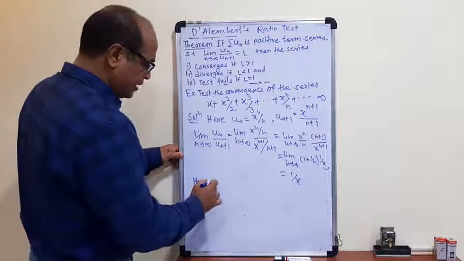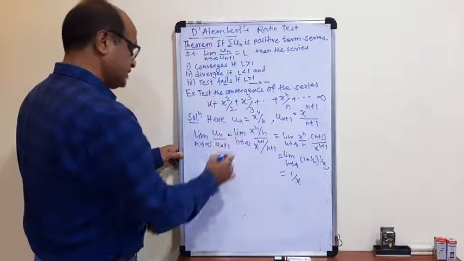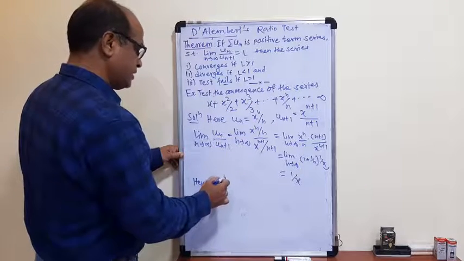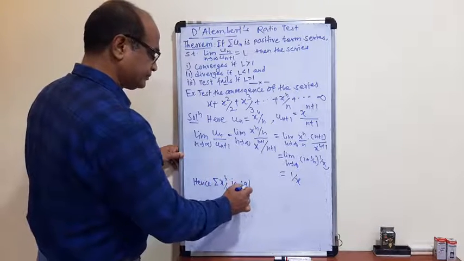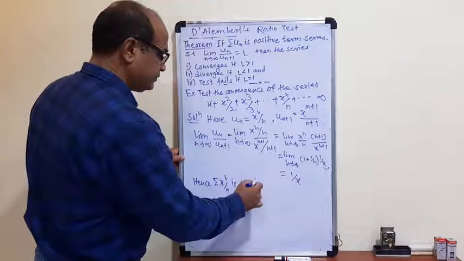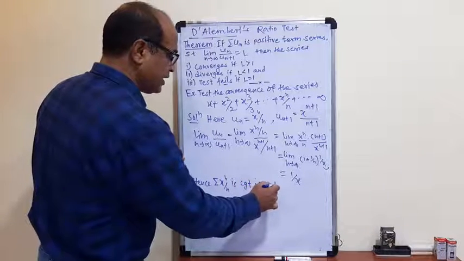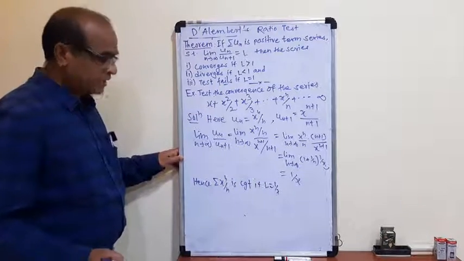Hence, the summation, that is the series here. Which series? This series, x raised to n upon n, is convergent if L, that is 1 upon x, is greater than 1.